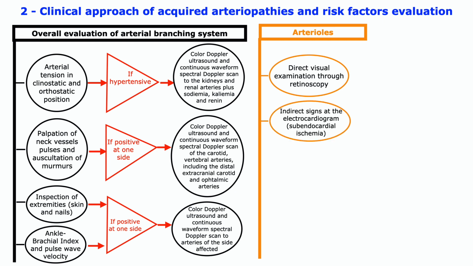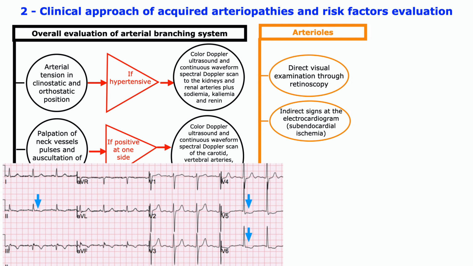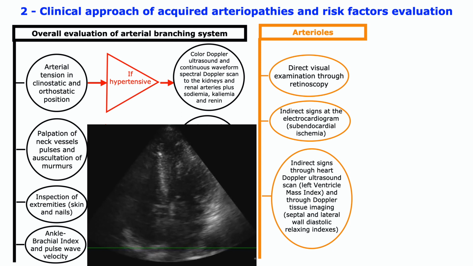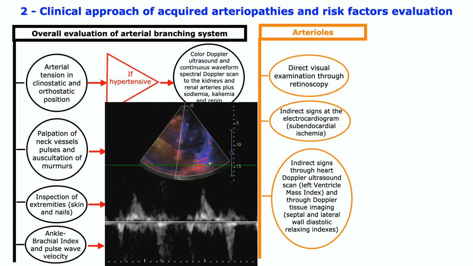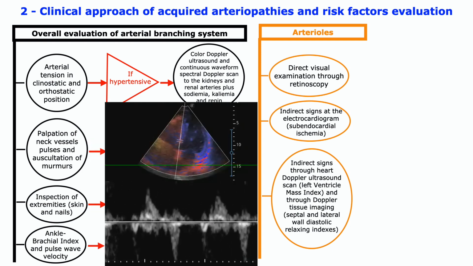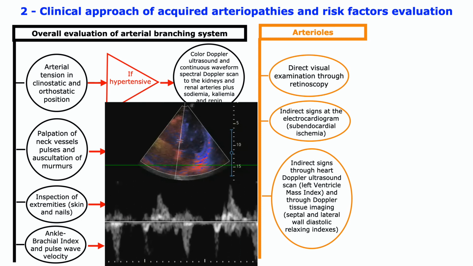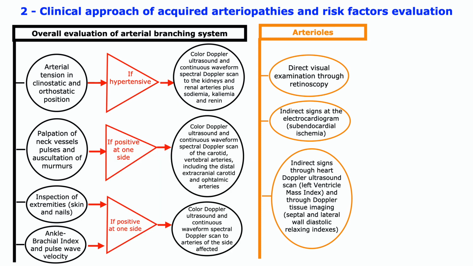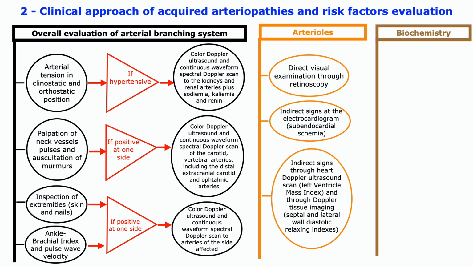The ventricular repolarization of the electrocardiogram may suggest both major coronary arteries occlusive disease and diffuse distal coronary occlusive syndrome, subendocardial ischemia. The increased left ventricular mass index and the septal and lateral wall diastolic relaxing indexes may also suggest microangiopathy of the coronary arterioles and incipient myocardial sclerosis.